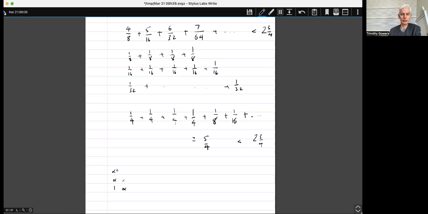Then alpha squared, alpha squared, alpha squared, etc. So if I wanted to make a proof like the one I started with up here work, I would need this not to go down when I apply an operation. I need alpha to be at least a half, but then I'm not better off, so I'll get at least 2 and 3/4. But perhaps I can argue it doesn't go down by too much.